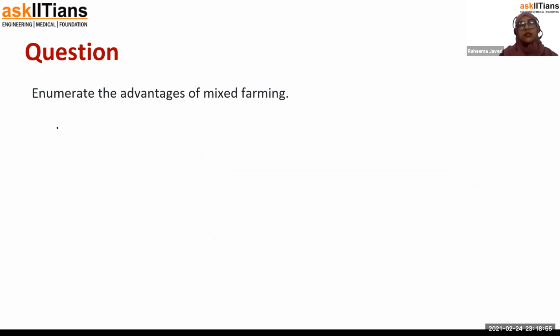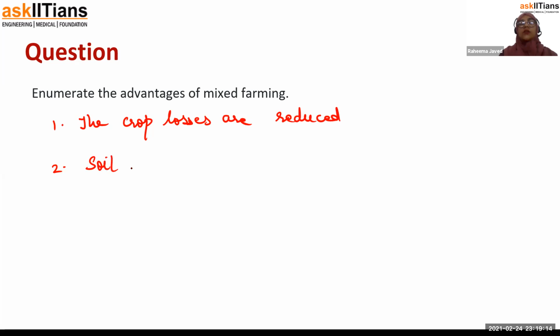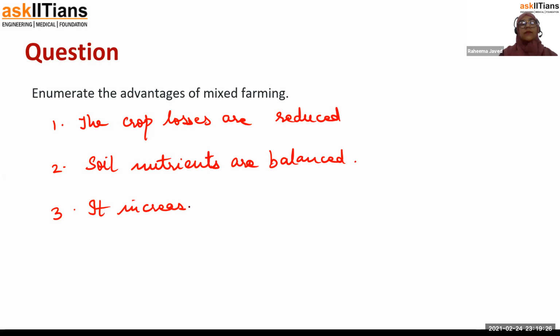In the advantages of mixed farming, the first one is that the crop losses are reduced, soil nutrients are balanced, it increases the variety of crops that are produced in a year.